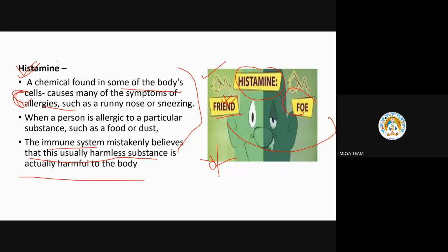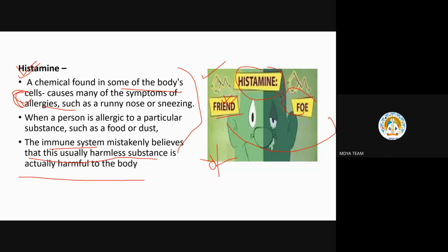When allergens come in contact, that time also histamine is released, as a natural chemical. So ma'am, when allergy comes into our body and histamine releases, it also mistakenly believes something which is not harmful as harmful, and destroys that also. Yes, it destroys it. That itself is written: a harmless substance, it thinks it is harmful and destroys it, which is not good.